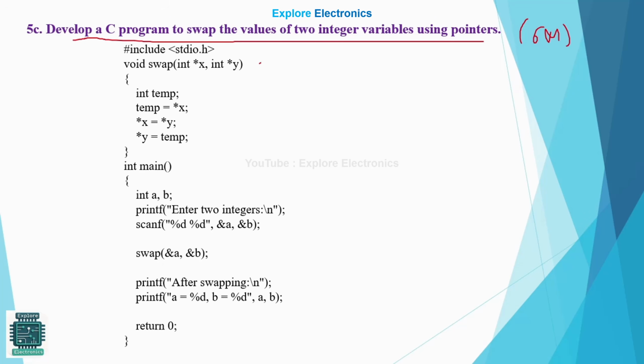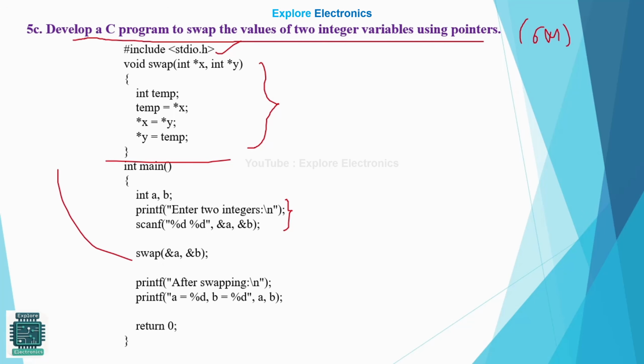Here first we have included the header file, and the main function is written here. First, int a, b. Now we have to enter two integers, and the next one is swap(&a, &b).